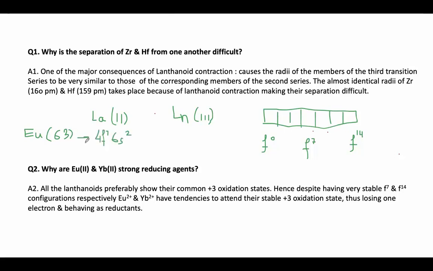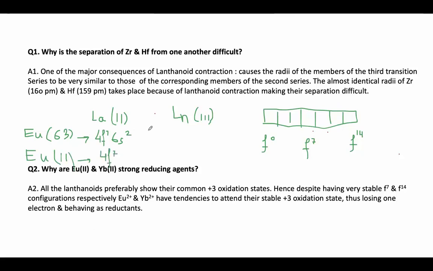So this is the atomic state of europium and its electronic configuration. When we talk about europium-2+, the electronic configuration will be the half-filled subshell, that is 4f7.